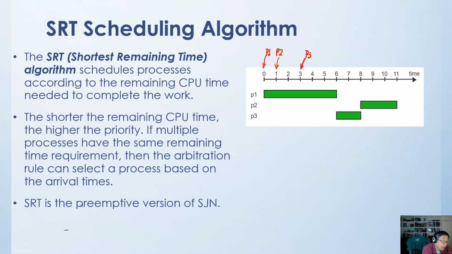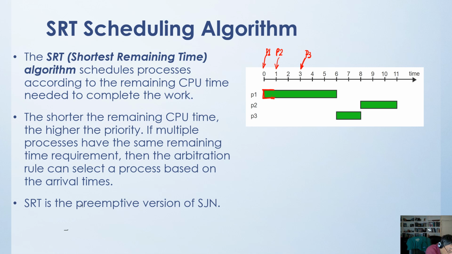So now here on the right, we basically summarize the diagram that we just drew in the previous slide. Now, how can we improve this? The problem is that when P1 arrives, P1 with a long CPU burst is the only process in the system, so it will take the CPU.